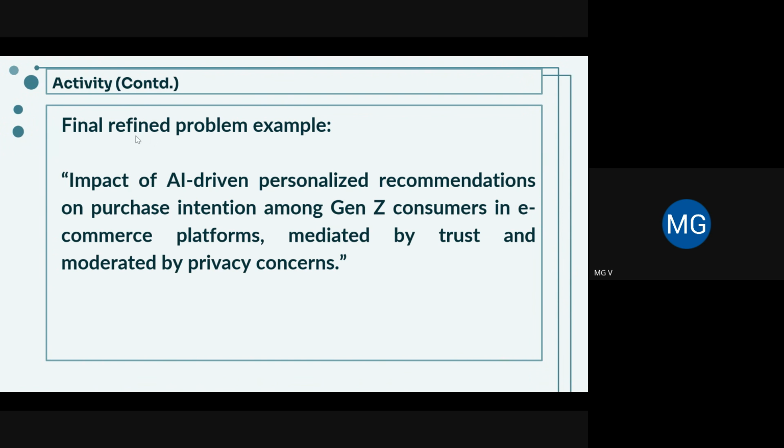So the final refined problem example can be impact of AI-driven personalized recommendations on purchase intention among Gen Z consumers in e-commerce platforms, mediated by trust and moderated by privacy concerns.